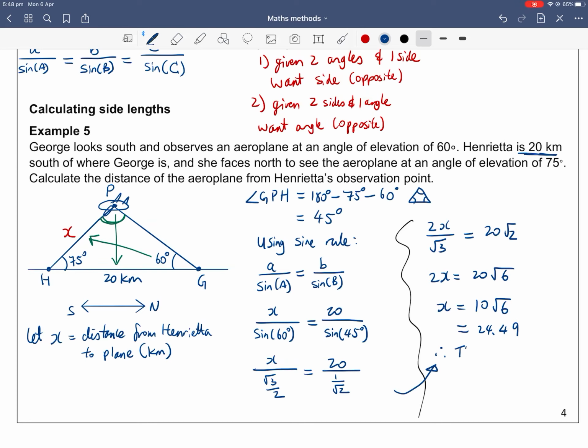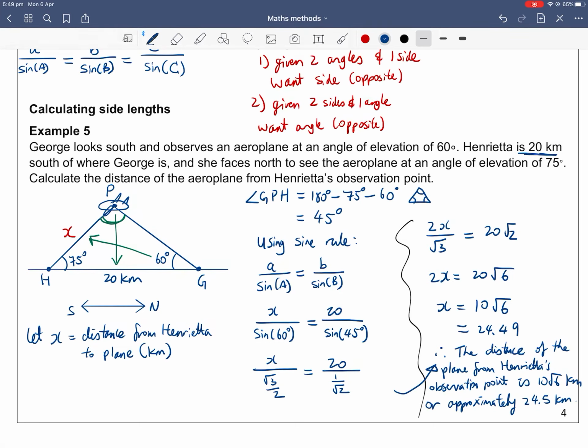So to conclude, therefore the distance of the plane from Henrietta's observation point is exactly 10 root 6 kilometers, or approximately 24.5 kilometers in distance.